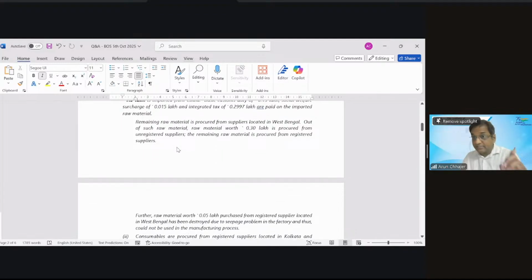See, we are talking about total 1,20,000. Out of the 1,20,000, they are saying 30,000 is procured from unregistered. Then how much amount is procured from registered? Very simple, 120 minus 30. Total 90,000.